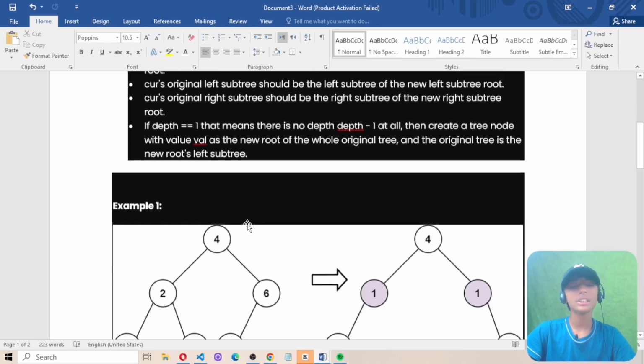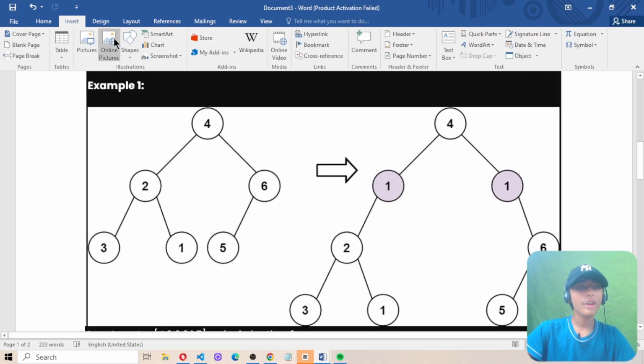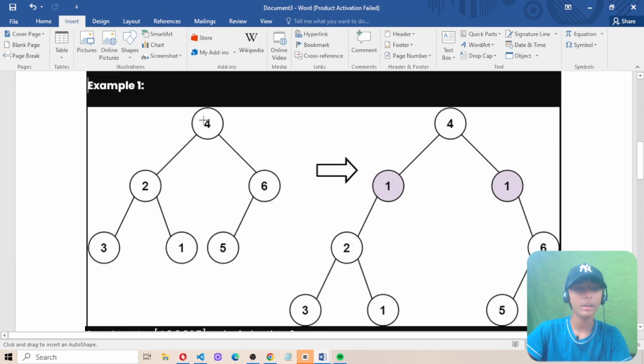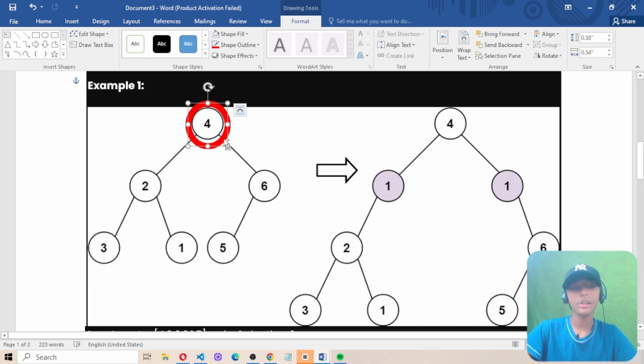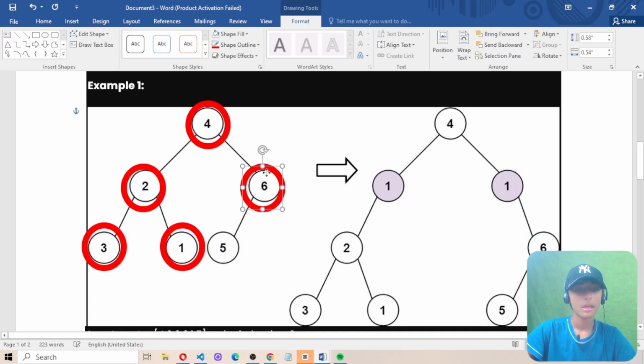Let me give you some examples. In the first example diagram, he wrote 4, going to 2, in which he wrote 3 and then 1, and then here he wrote 6, and then 5.